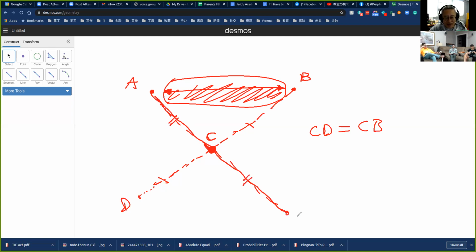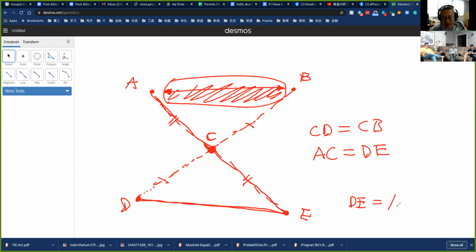And so now we have our E: A, B, C, D, E, as long as AC equals DE. Now if I have these two points, you can draw a line, which is one of our axioms, one of the postulates. So we get DE, and then we know that DE is congruent to AB.